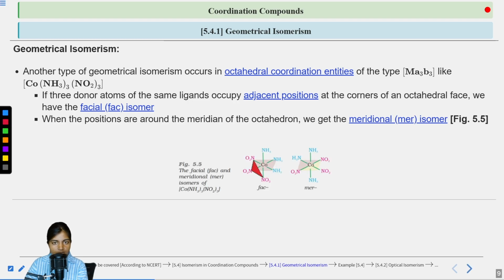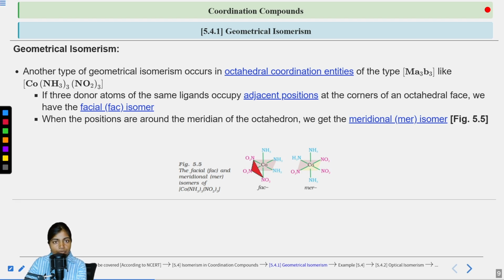Figure 5.5 shows the facial and the meridional isomers of the complex [Co(NH3)3(NO2)3]. Cobalt is the central metal, and it is arranging all six ligands in an octahedral manner. Now, when you are placing the three donor atoms of the same ligand, let's say the NO2 ligand, the donor atom will be nitrogen, which bonds with the central metal through a coordinate covalent bond.